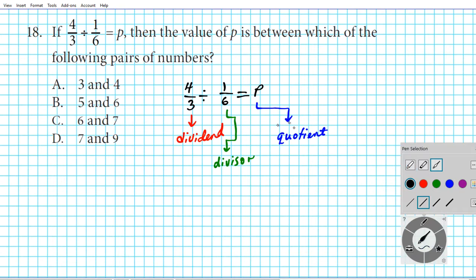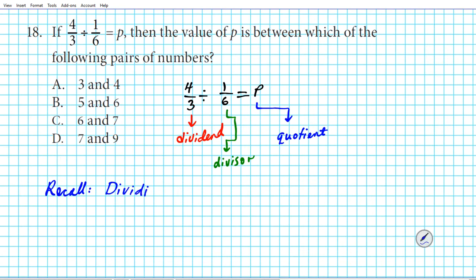Alright, so when you're dividing fractions, what's the algorithm, what's the procedure? Let's write down something you want to recall concerning the process involved in dividing fractions. So something to recall is that dividing two fractions, you have your dividend fraction and your divisor fraction.